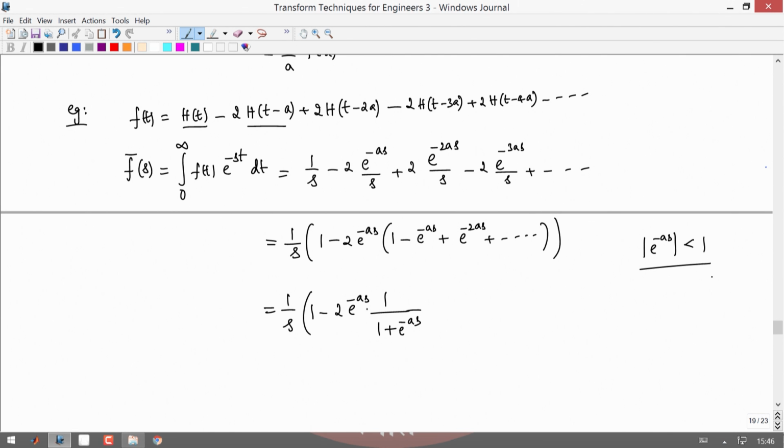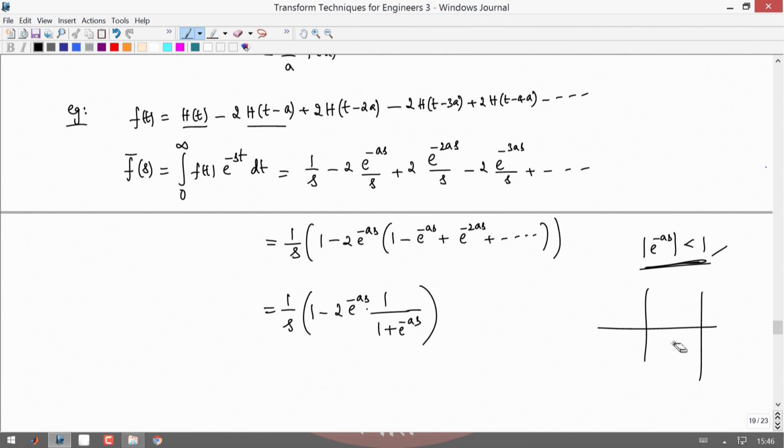For sufficiently big s, you can always choose s, you have it in your control. When you are given function f, you can choose s in such a way that s is bigger than the function's exponential order, so that this quantity is less than 1. So, this series is actually a geometric progression series.